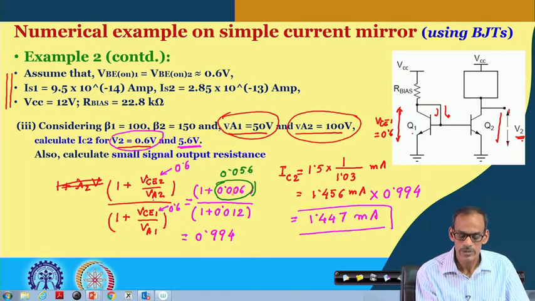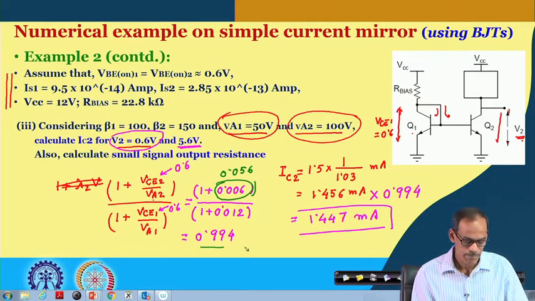In fact, this factor then will be 1.056 divided by 1.012, so that is equal to 1.0435.